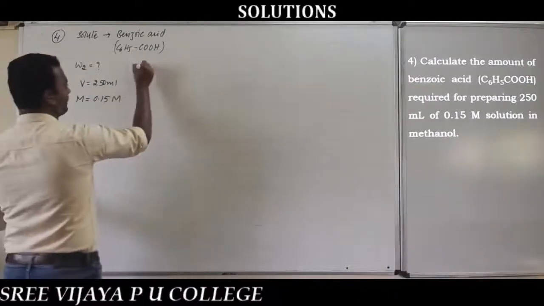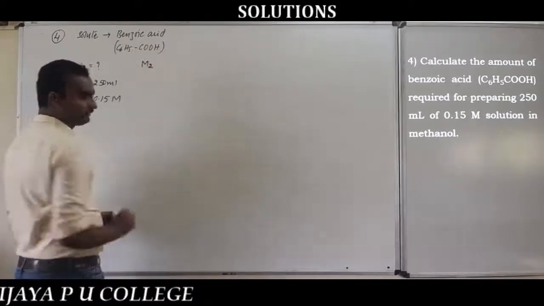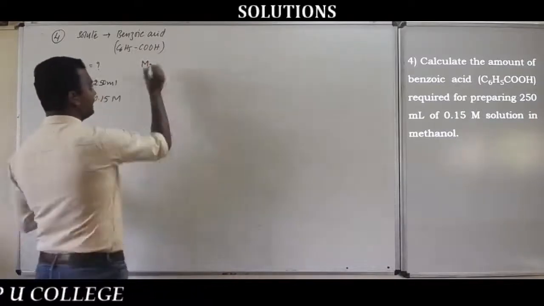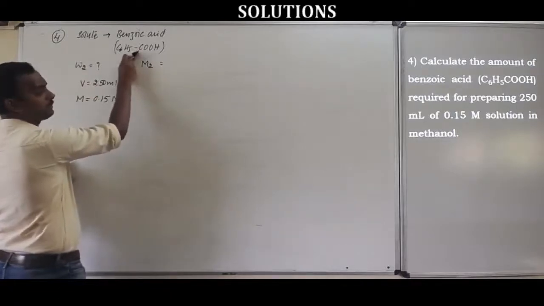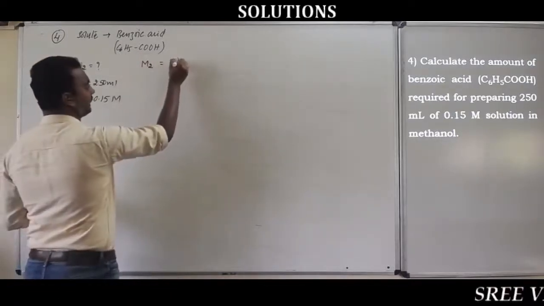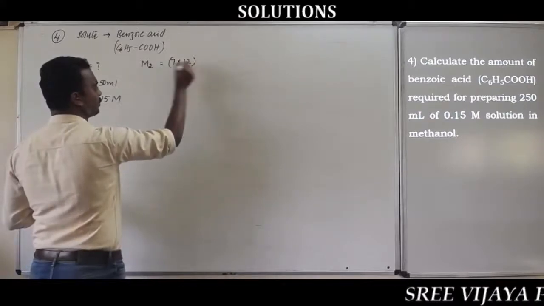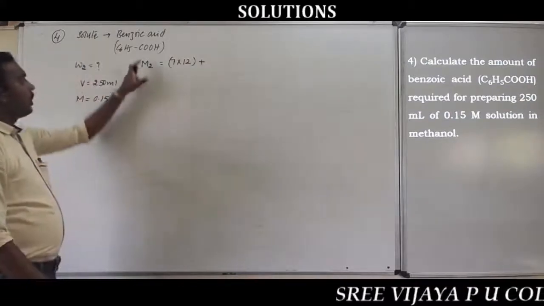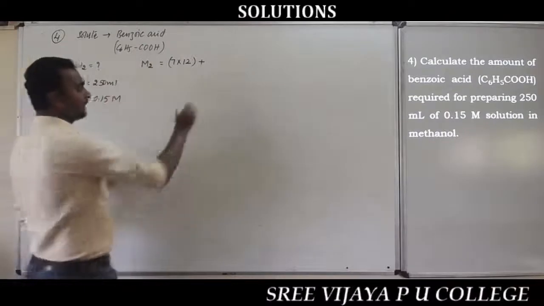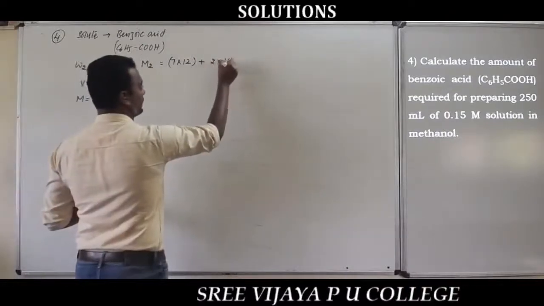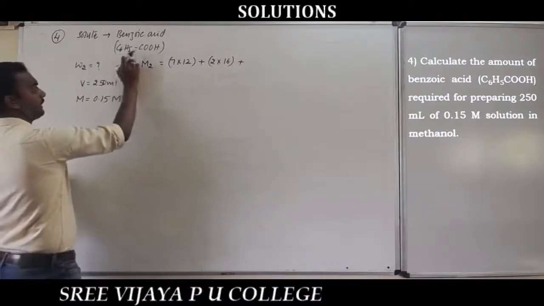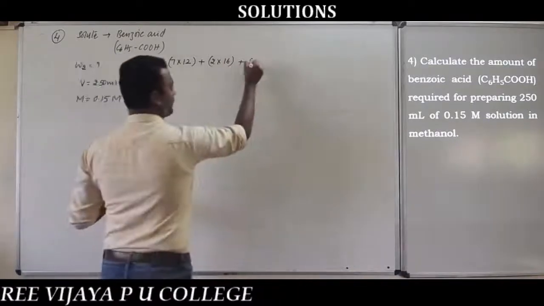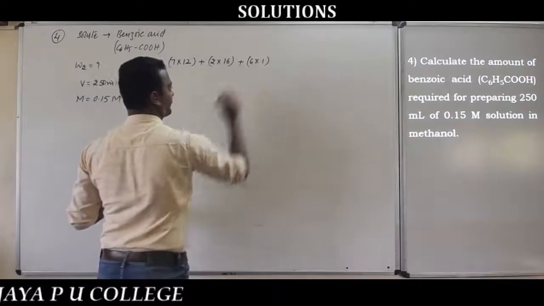So molar mass of benzoic acid, nothing but M2, that is molar mass of solute, is equal to carbon ನೋಡಿ C6 ಇದೆ, ಇನ್ನೊಂದು ಕಾರ್ಬನ್ ಇದೆ, total 7 carbon into atomic mass of carbon is 12, plus oxygen ನೋಡಿ oxygen 2 ಇದೆ, so 2 into atomic mass of oxygen is 16, plus hydrogen 5 ಇನ್ನೊಂದು 1, 6 ಆಗುತ್ತೆ, 6 into atomic mass of hydrogen is 1.